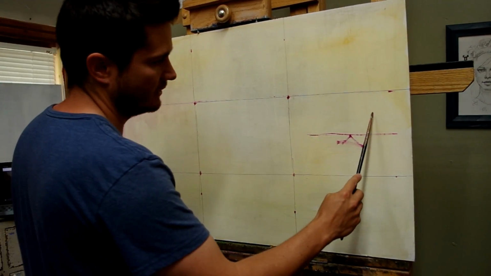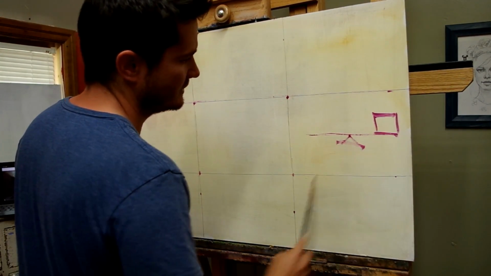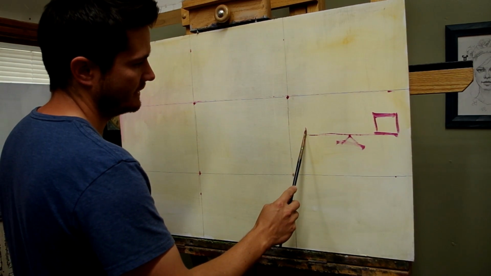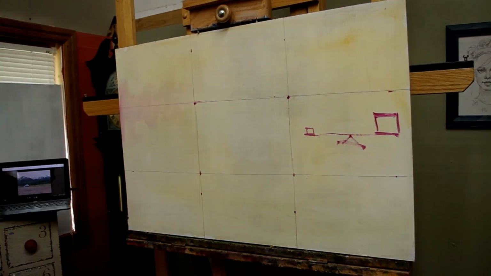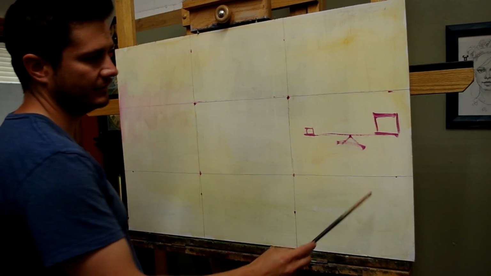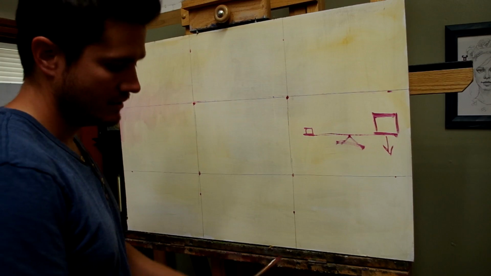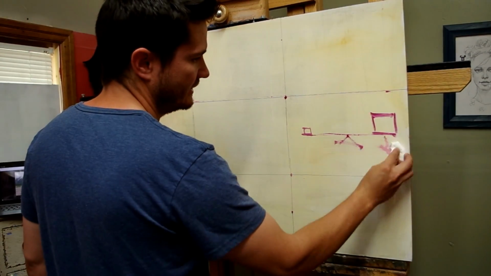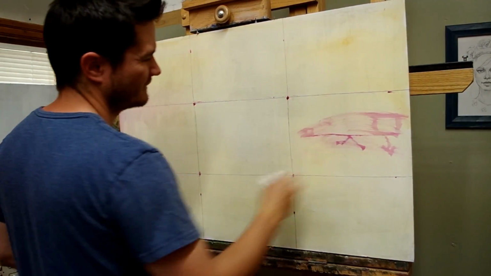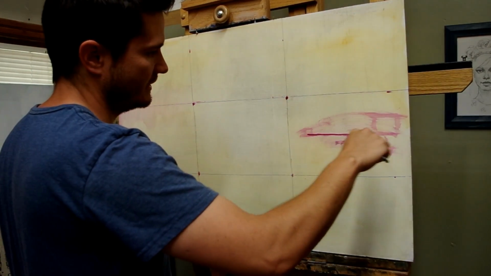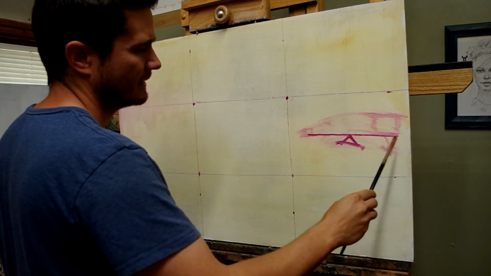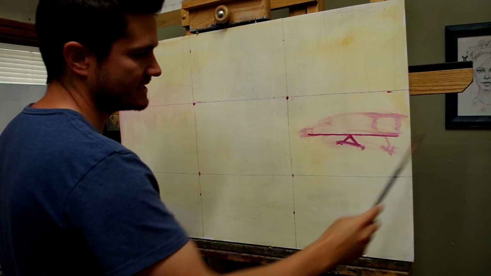So if I put a large mass on the outside of the teeter-totter here, and then a small mass here, what's going to happen? This is going to drop down, right? It's not balanced. So to fix that in a composition, you've got your teeter-totter here, and you've still got the same sized objects.